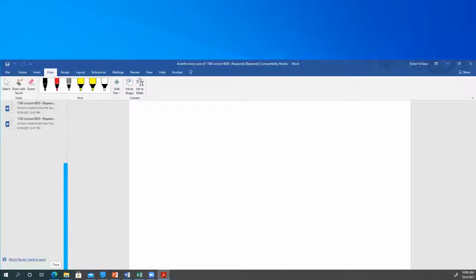My new Word document. Something went wrong, so that shut down. One more time here. I can't believe this. I may have to reboot this computer. Let me see.